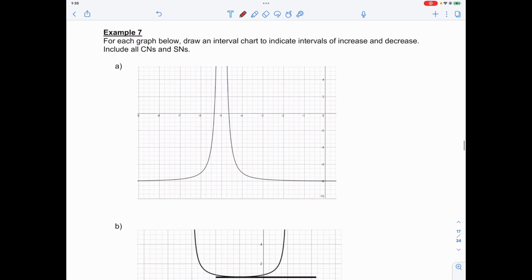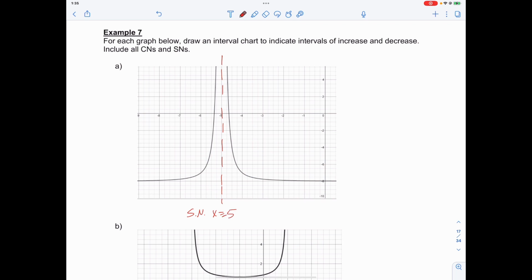If we're doing this using a graph, then we need to remember that we're going to include our critical numbers and our significant numbers. Now, for this first graph, we don't see any maximum or minimum points here, but we do have a vertical asymptote that's running along here, which means that we're going to call that a significant number of x is equal to 5.